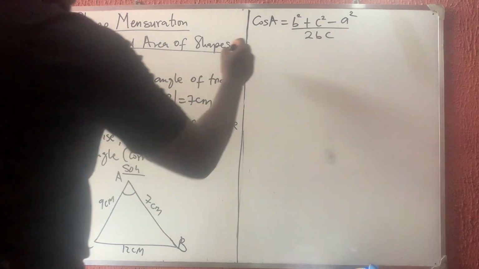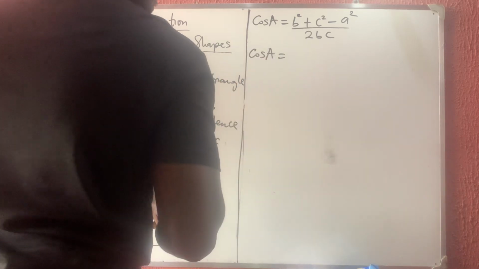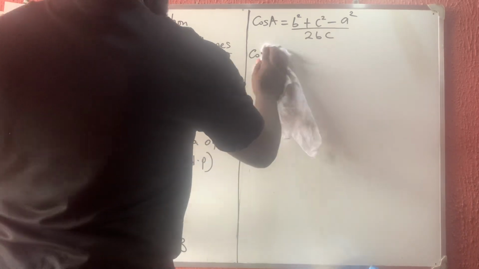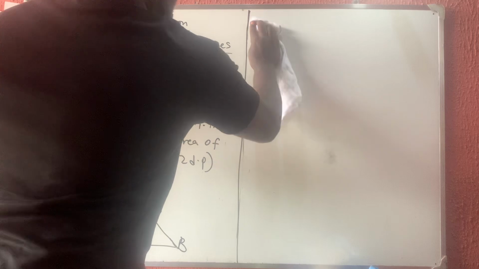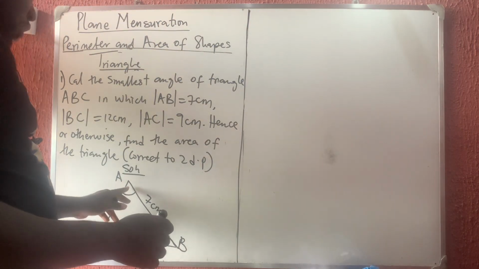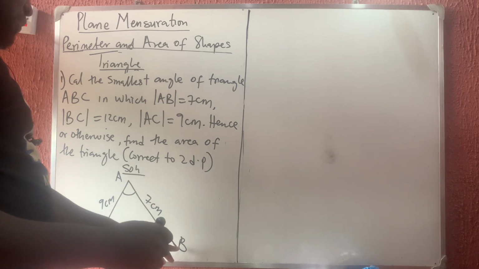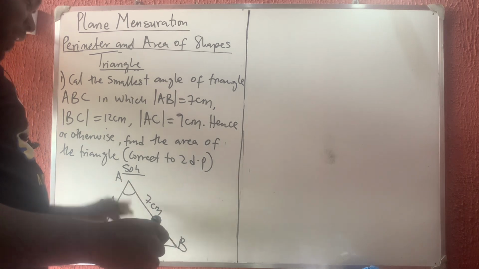Or even if you don't want to use cos as the subject of the formula, the normal formula you may know is this: if you are looking for the one that will have cos A, you start with B. You're not going to start with the one that is opposite it.